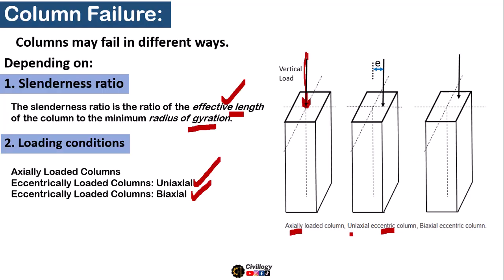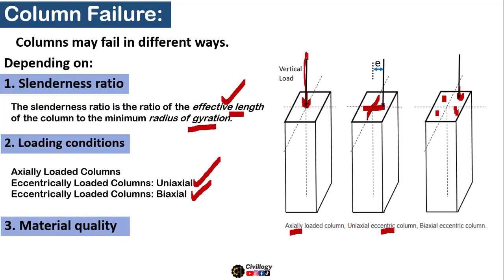Whereas in a uniaxial eccentric column, the point of application is either on the x-axis or on the y-axis. In a biaxial eccentric column, the point of application of load is anywhere between the x-axis and y-axis. Such loading is called a biaxial eccentrically loaded column.